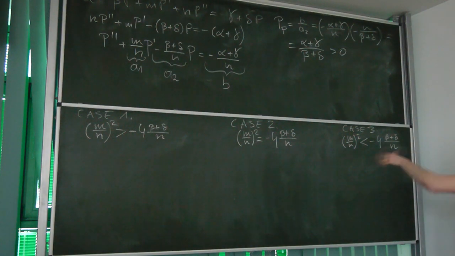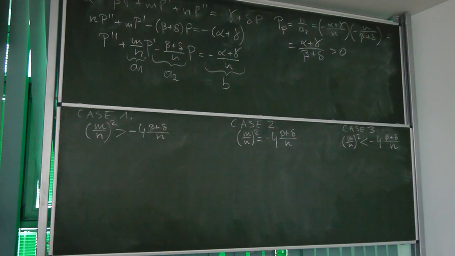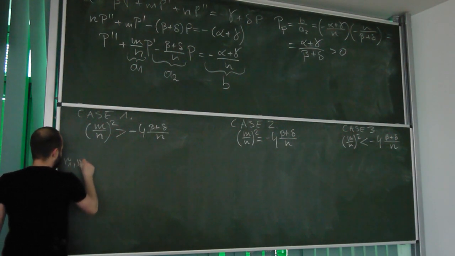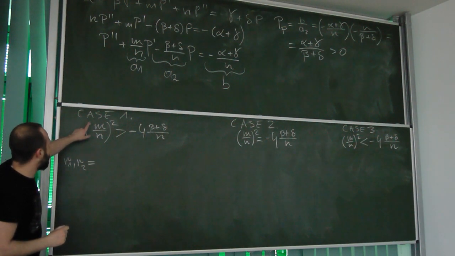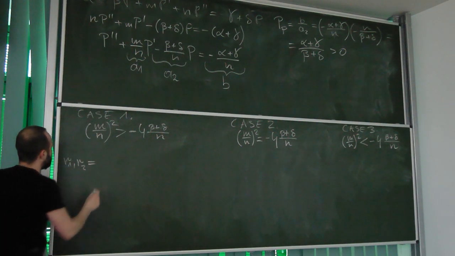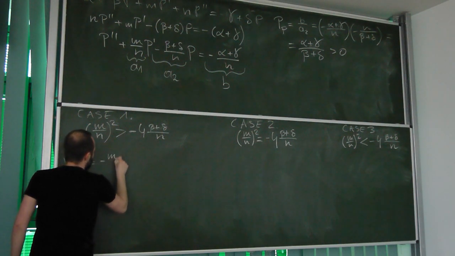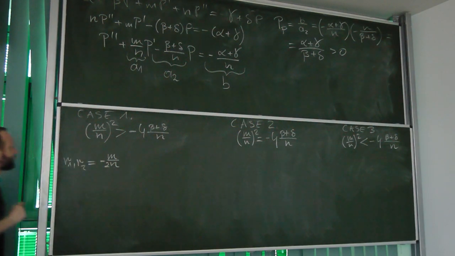And of course, in each of these cases, we will have different roots. So under case 1, we see that the roots are given by negative a1 over 2, so this is negative m over n divided by 2, or simply divided by 2n.